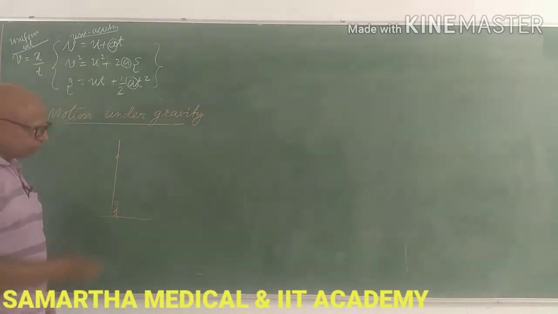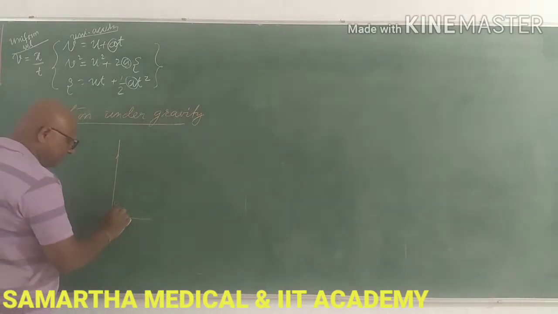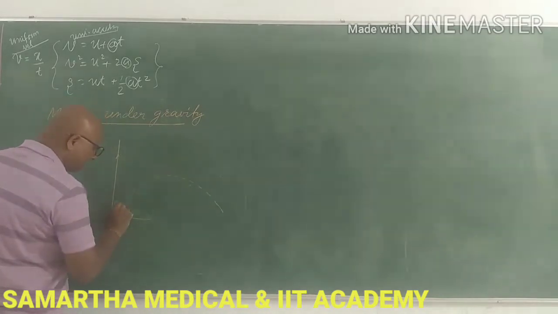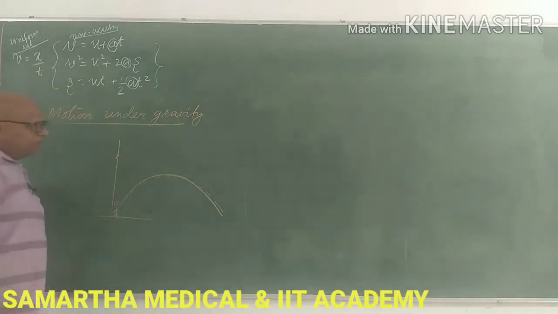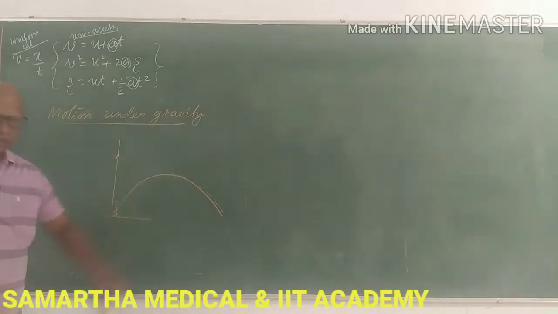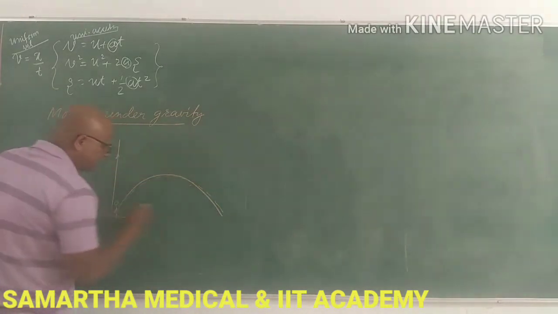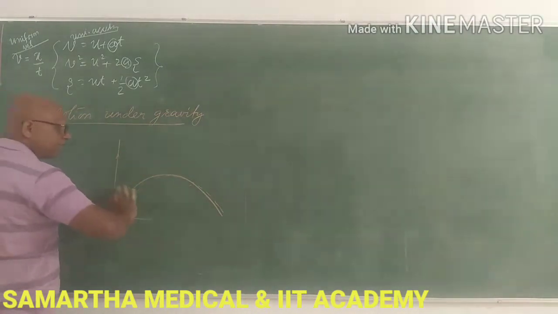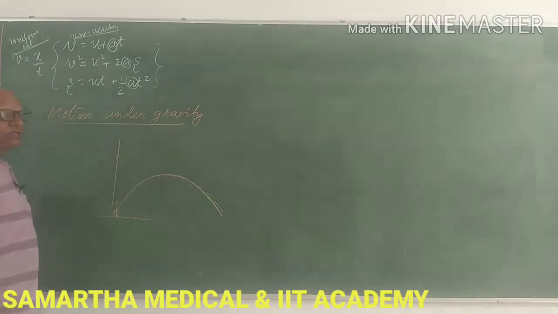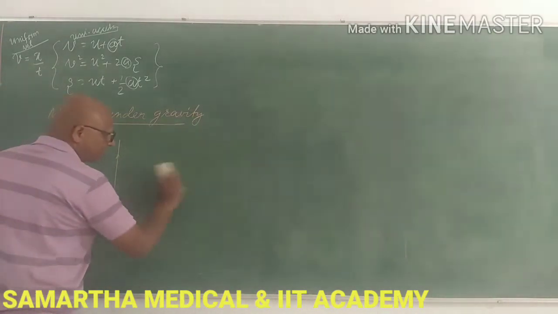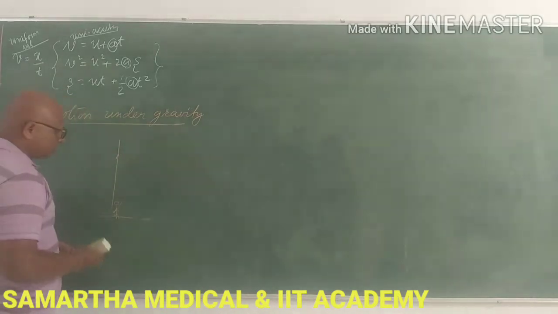If you throw a stone from this point at an angle, it will not go in a straight line. It will follow a parabolic path generally, covering the x-axis and y-axis also. To a certain height it goes, and to a horizontal distance also it moves. We are not talking about this case.